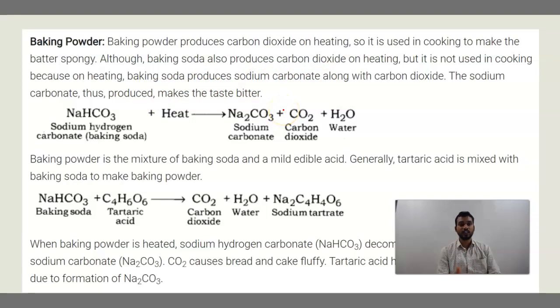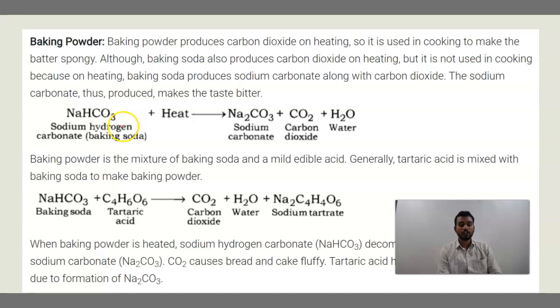When we heat it more, sodium carbonate and carbon dioxide are also obtained. It's not a dehydration reaction. Anyways, baking soda produces sodium carbonate along with carbon dioxide. The sodium carbonate thus makes the taste bitter.